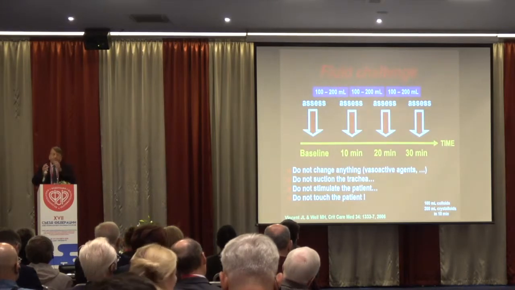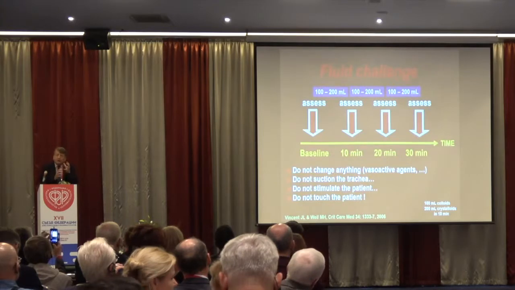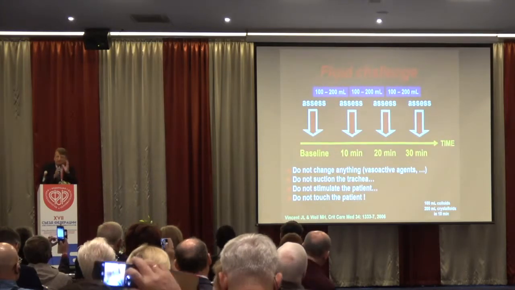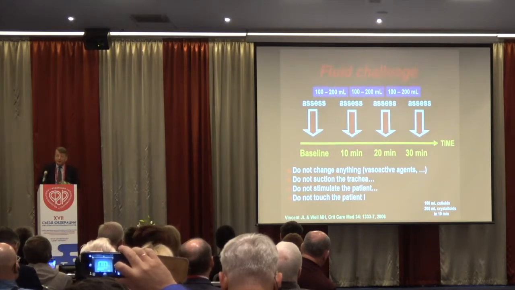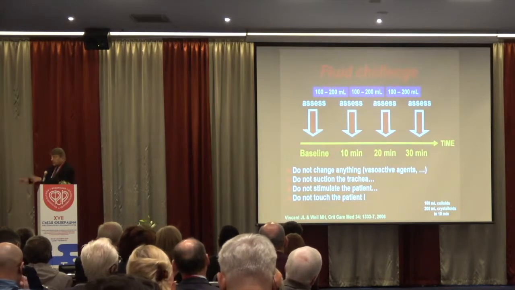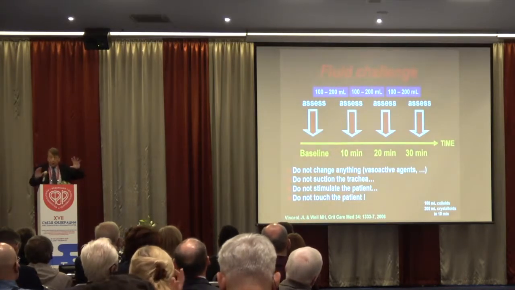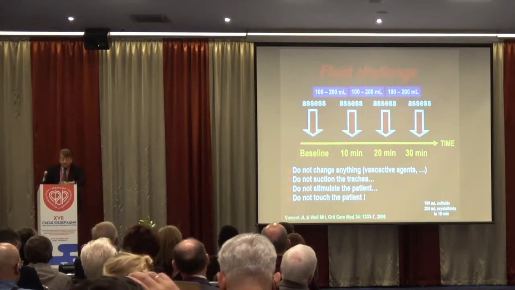That's how experience showed that 100 to 200 cc's in about 10 minutes is probably the best way to go. But during that time, in the perioperative period, we do not do anything else to the patient.